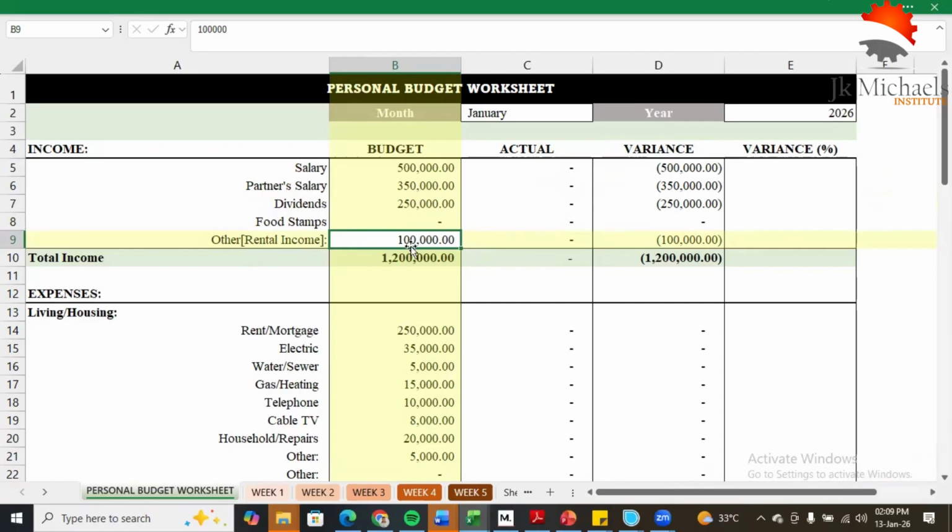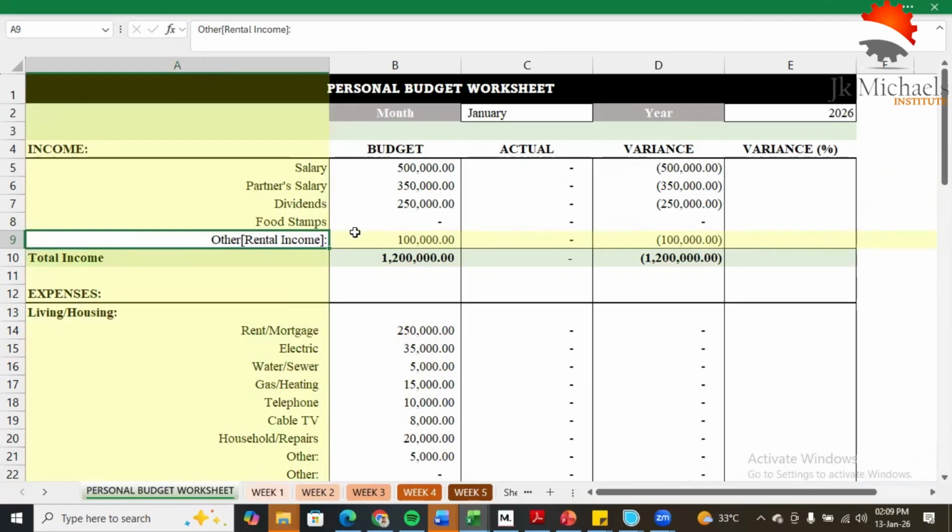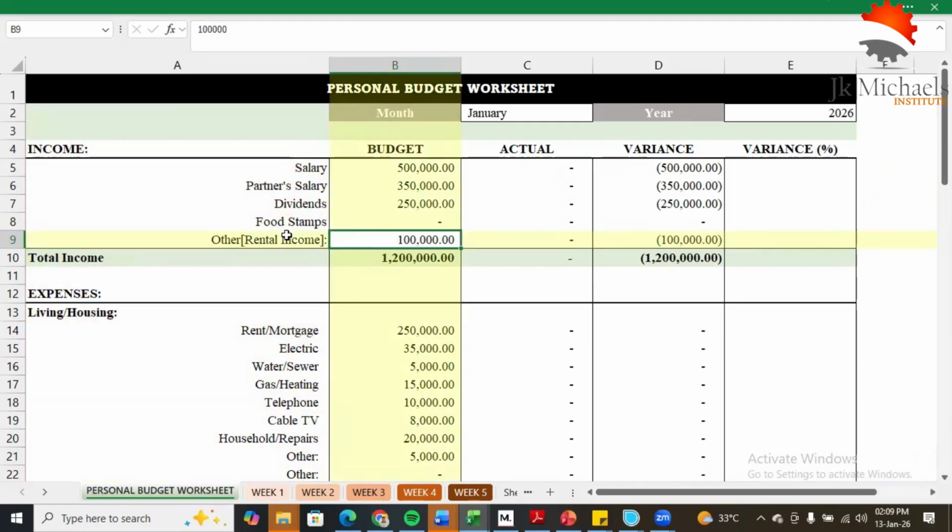If the people are supposed to pay in January, maybe plus or minus 3 months, especially real estate rental, right? Even if you have good customers that are timely in their payments, plus or minus 3 months, right? Okay, so rental income might not be as stable, or is semi-stable, right?